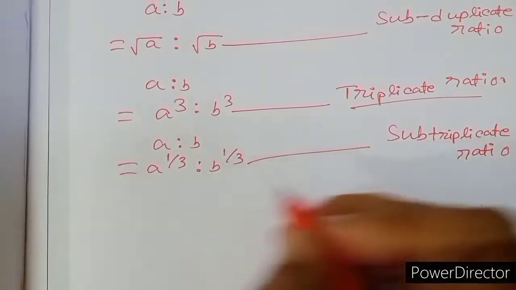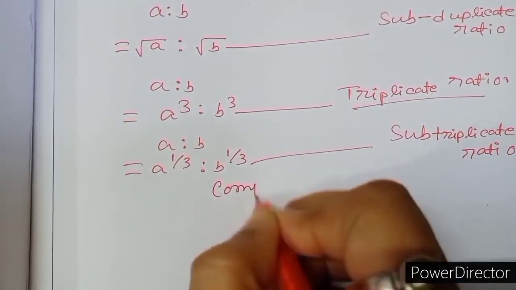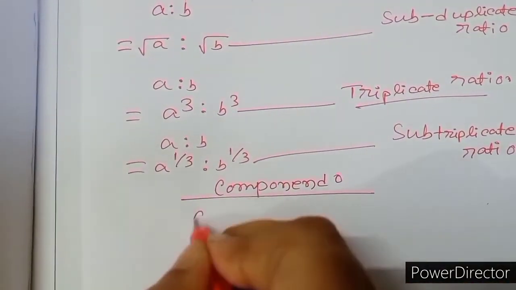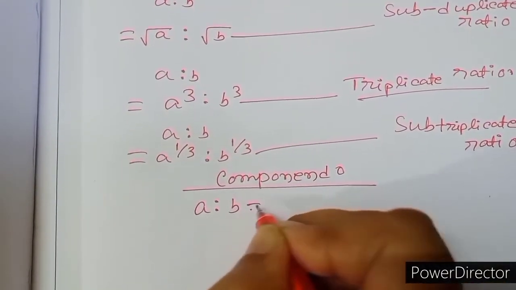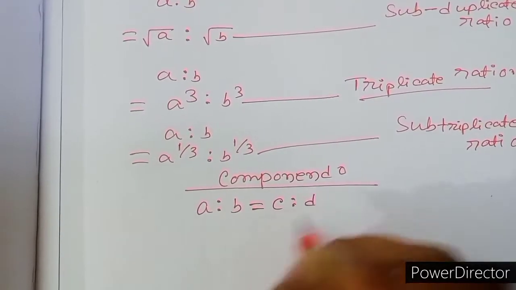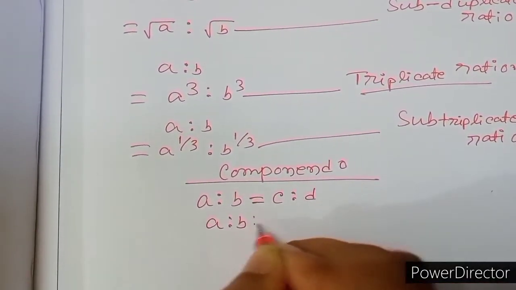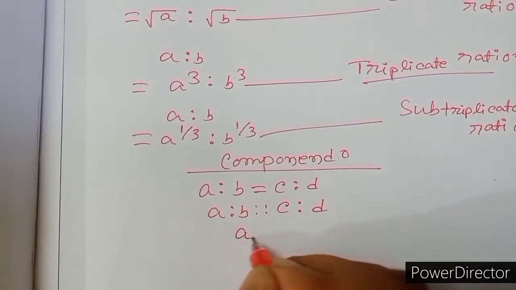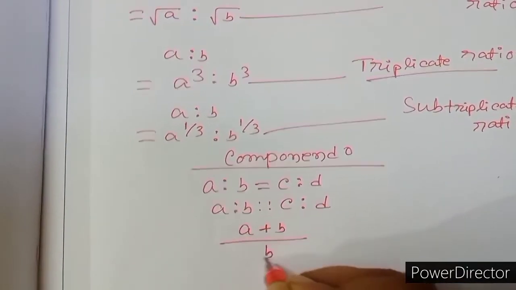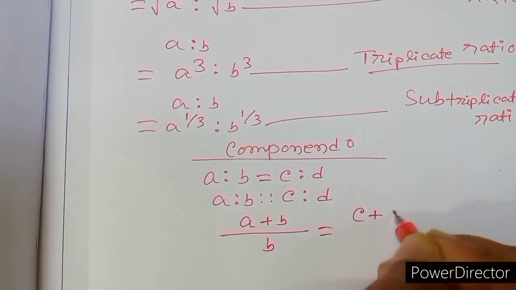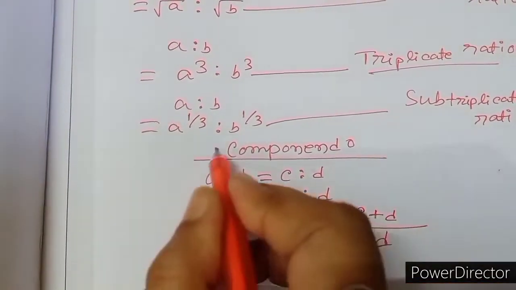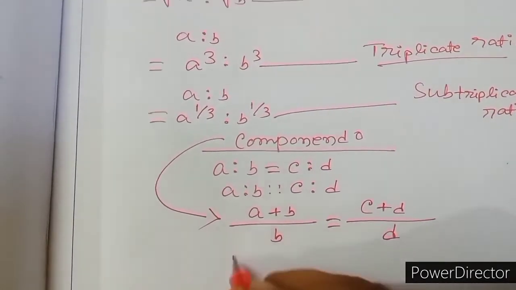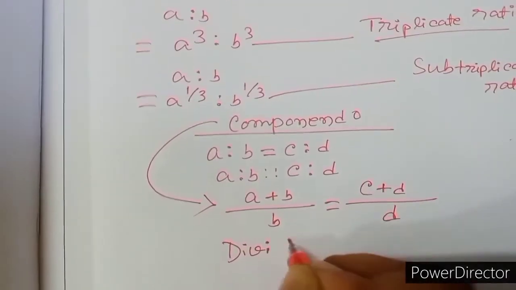Now we learn some terms: componendo. Suppose A is to B equal to C is to D. We can write it A plus B by B equal to C plus D by D. This ratio is called componendo.